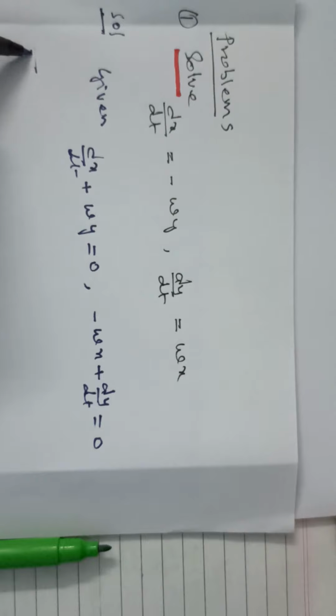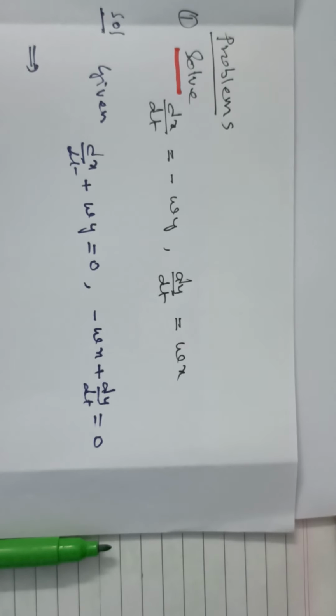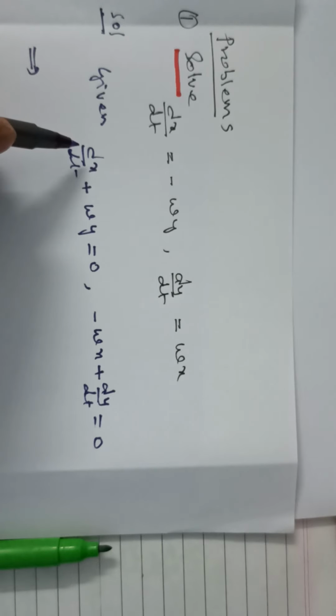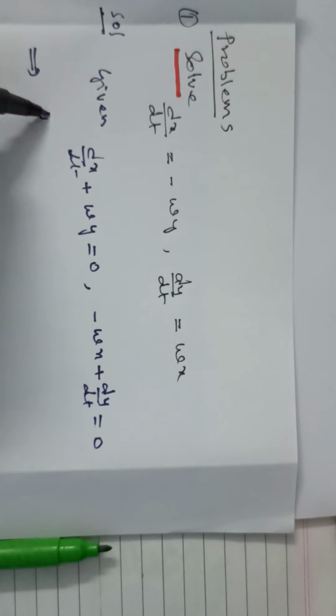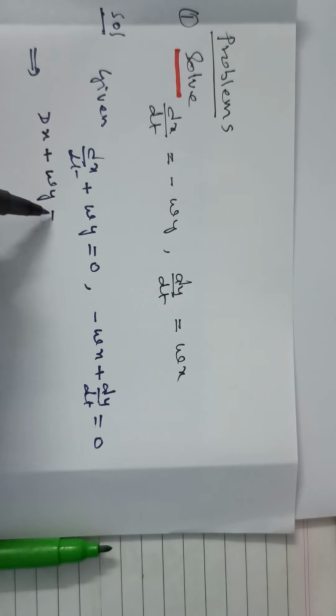This implies d by dt can be written as capital D, so that Dx plus omega y is equal to 0.